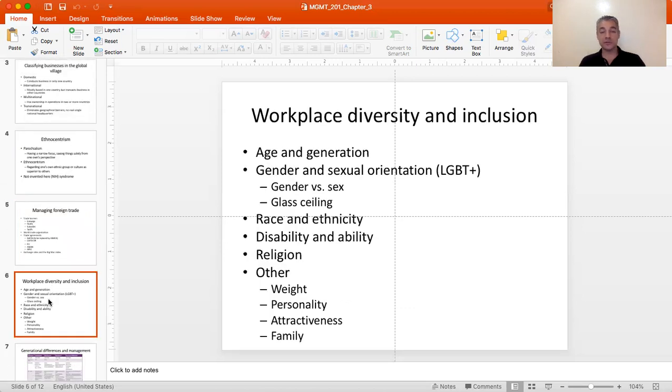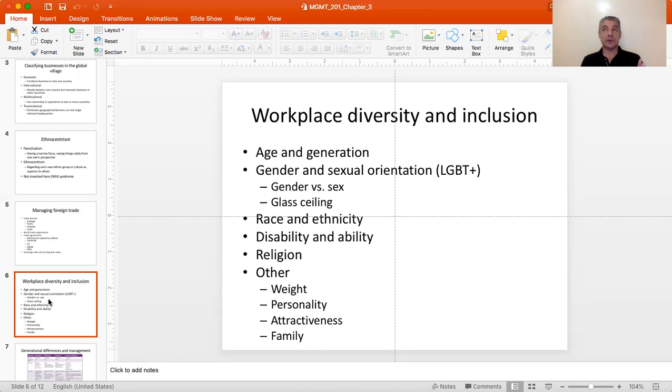Now, obviously, diversity is not limited to just international aspects. There are aspects of diversity in the workplace that could be observed in any company, regardless of whether it's domestic, international, multinational, or transnational. And those elements of diversity include things like age and generational diversity, gender and sexual orientation diversity, race and ethnicity, disability, religion, and a great number of other things.